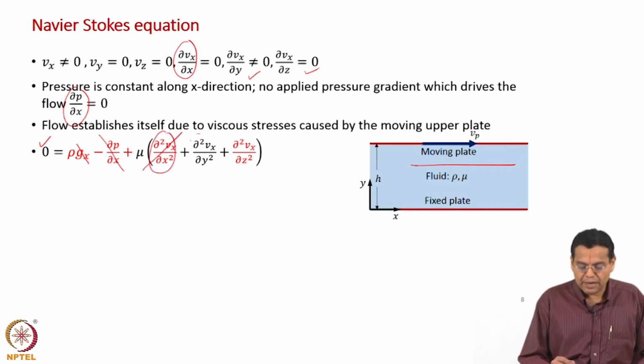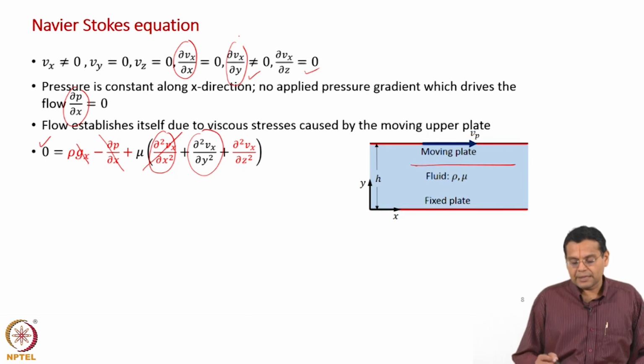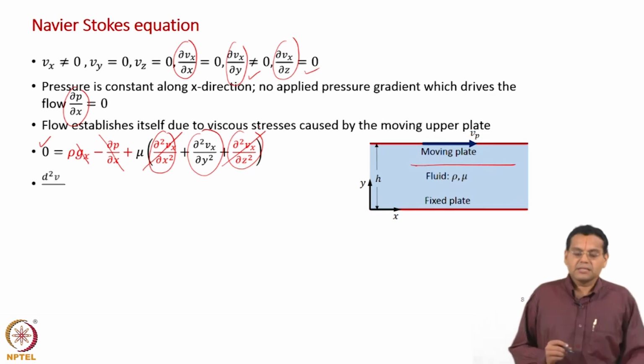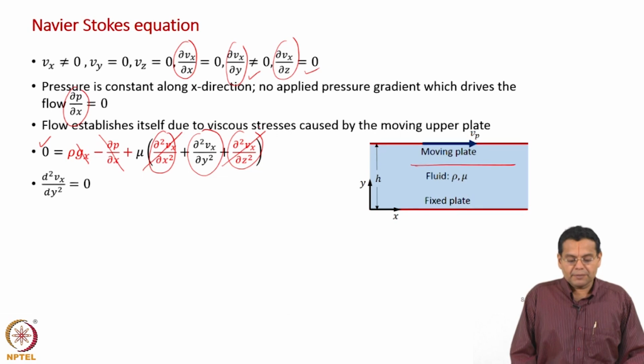Now, we do have this term, dou V x by dou y, is not equal to 0. So, we do have the second derivative, and what happens to this one? The first derivative is 0 here, dou V x by dou z is equal to 0. So, the second derivative is 0. So, we are left with a very simple equation, and because y is the only variable, it becomes an ordinary differential equation.